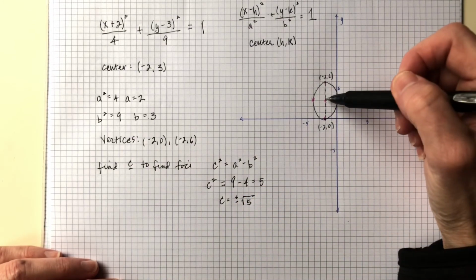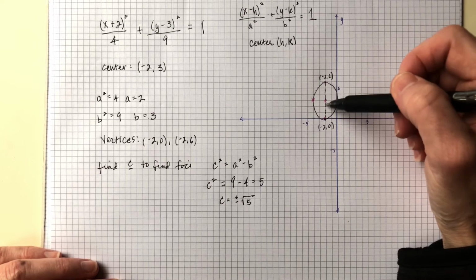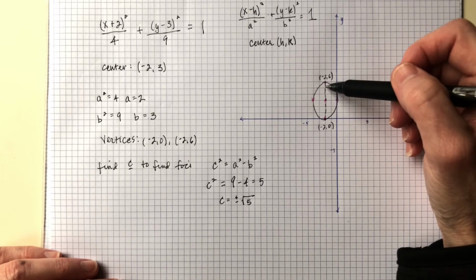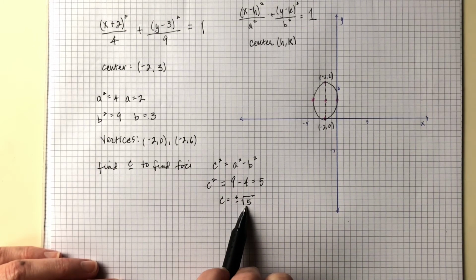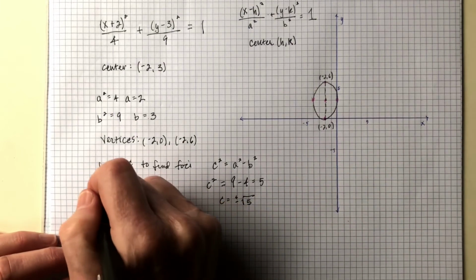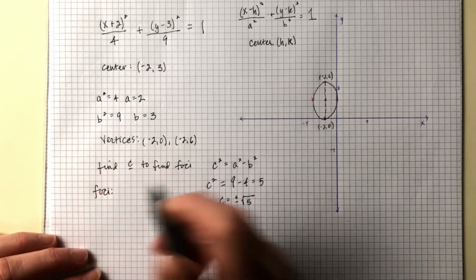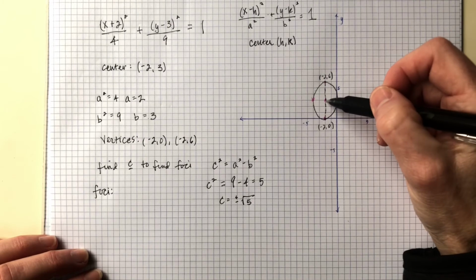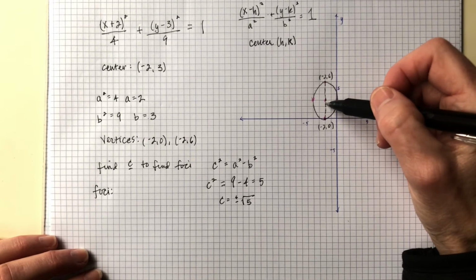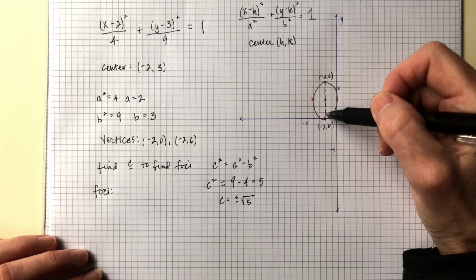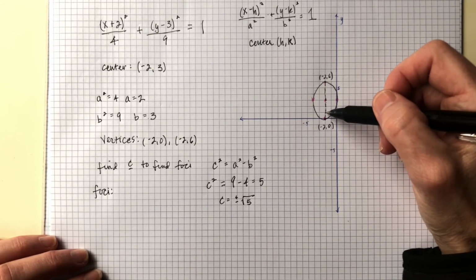So the foci are points inside the ellipse, and they are on this major axis. And they are going to be on the major axis this many units away from the center. The foci coordinates are going to be positive square root of 5 units up and negative square root of 5 units down from that center.